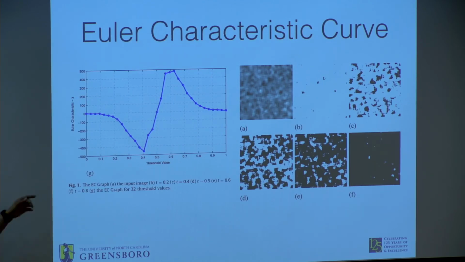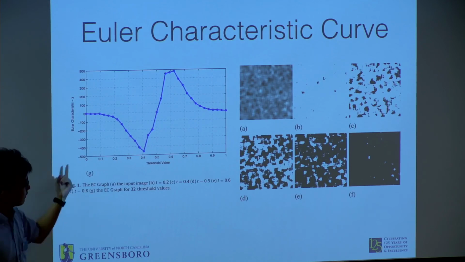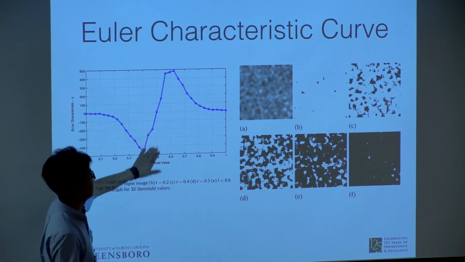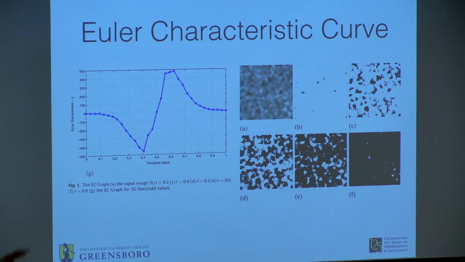The curve means that if you have a threshold value, just like before, from 0 to 1, for each threshold value you can calculate an Euler characteristic. You calculate for every possible threshold value. That's how you get the Euler characteristic curve. And this has been studied in the field called random geometry, and it has applications in physics. Okay, so it's a very nice, beautiful, and simple thing, the Euler characteristic curve.